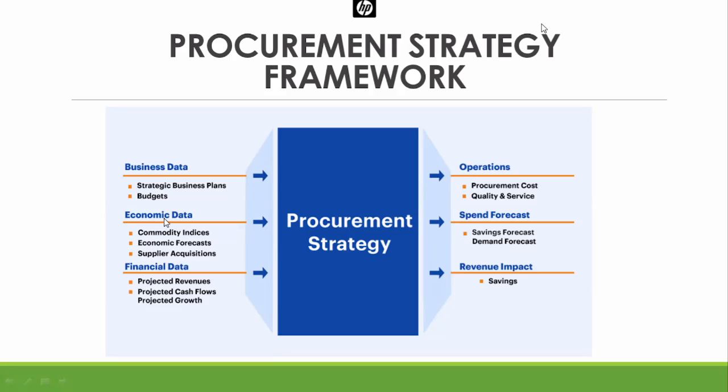And then its output would be on the operation side. So what are the procurement costs and quality and services? So that's actually the output for this. But then within this procurement strategy, you are going to provide effective quality and services. No? So considering all the budgets and then the business plans.